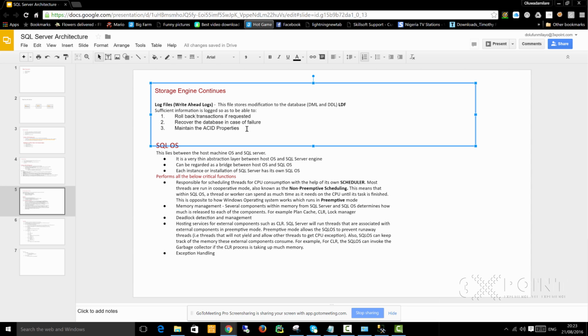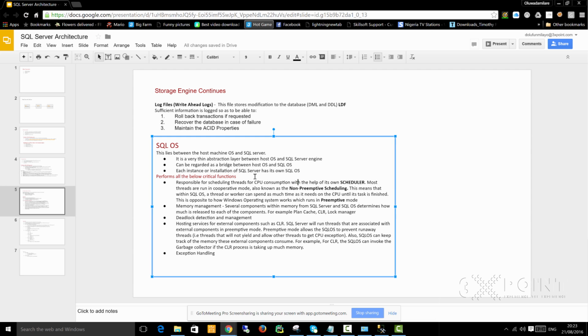To actually recover, SQL Server uses the transaction log file, which is the LDF file, and you also use it to maintain the ACID properties. When we start talking about transactions, we will see what ACID means, but for now just know that it means A for atomicity, C for consistency, I for isolation, and D for durability. But we'll come into all of that in due course.